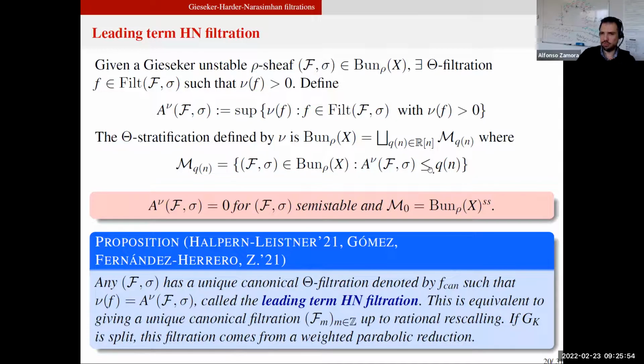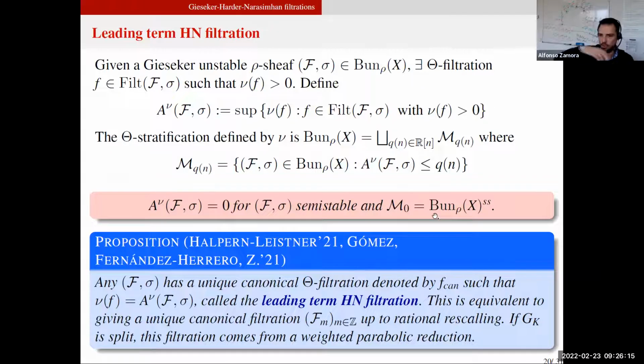As an observation to get some sense of this definition, for the semi-stable ones, the lower stratum M0, this supremum is 0, because all the filtrations give me a numerical invariant which is less than or equal to 0. Then it can be shown that the supremum is 0. This is the lower part.